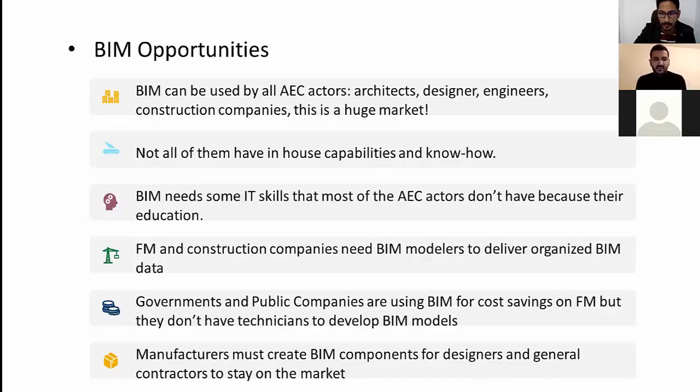FM and construction companies need BIM modelers to deliver organized BIM data. Governments and public companies are using BIM for cost savings on FM, but they don't have technicians to develop BIM models. Manufacturers must create BIM components for design and general contractors to stay on the market. So these are some of the BIM opportunities at this moment and in the future.